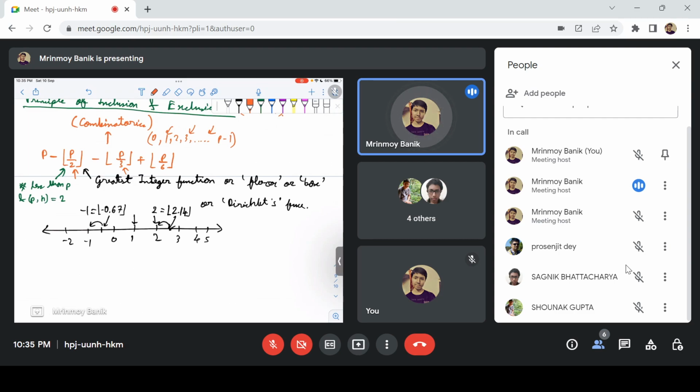And then we have to continue like this. Then we add p by 15 and p by 10. And while doing this, we have again discounted the numbers with the factor 2 into 5 into 3, that's 30.